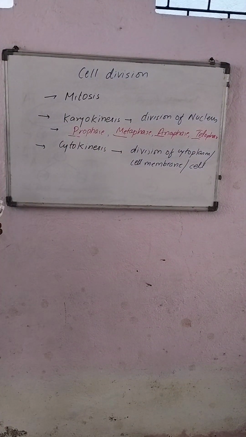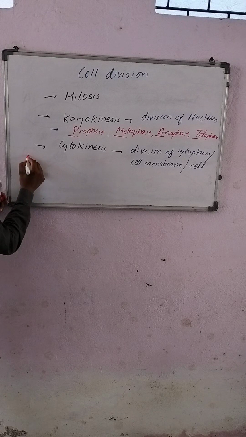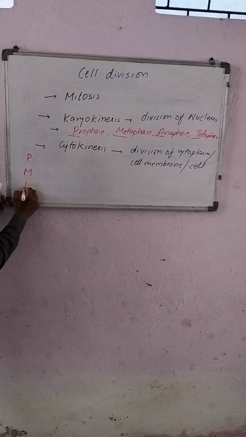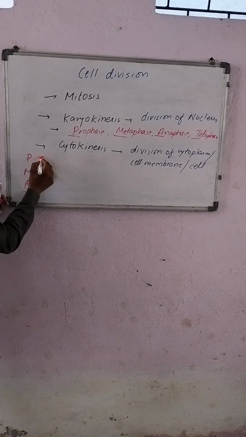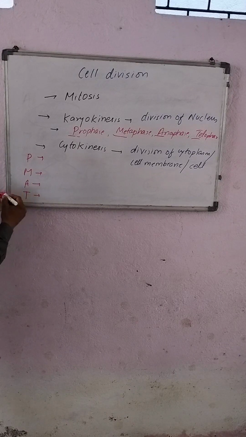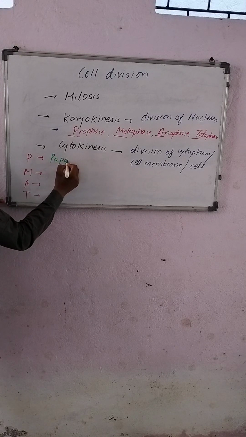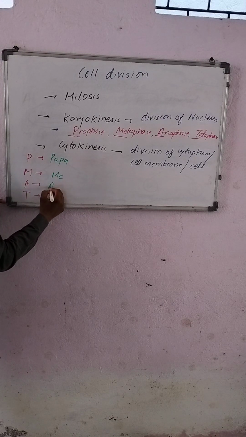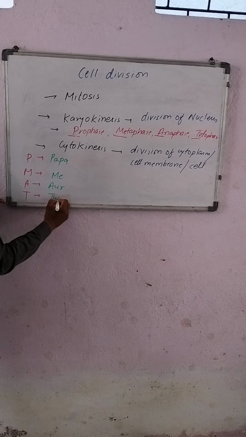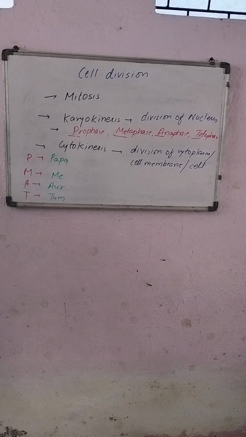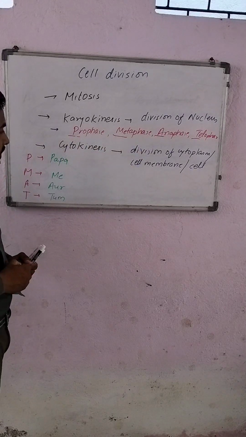To remember the sequence, we made a trick, that is PMAT. That is, Papa, मैं or तुम. From this trick, we can remember the sequence of karyokinesis.